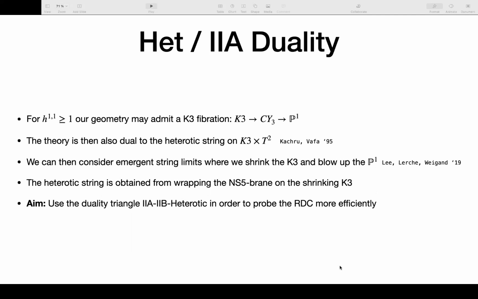And in this case, the theory is expected to be dual to a heterotic string on K3 times T2. Now, one can consider then limits in which you shrink the K3 and blow up the base of the fibration, such that you go to a different duality frame where the NS5 brane wrapping the shrinking K3 becomes light. So this plays the role of the heterotic string. And the aim now is to use the duality triangle, 2A to heterotic, to probe the refined distance conjecture more efficiently and try to break it maybe.